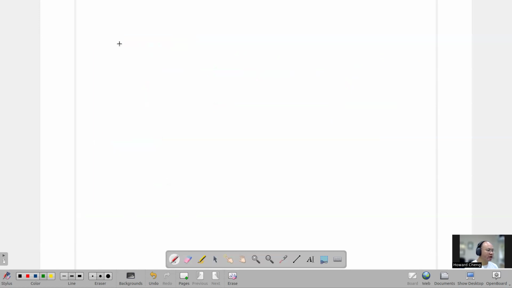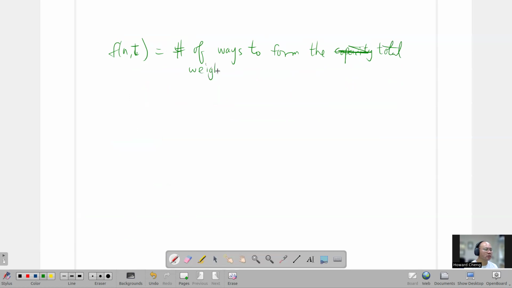So maybe I want to say f of k and t is the number of ways to form the total capacity or total weight t using the first k items.